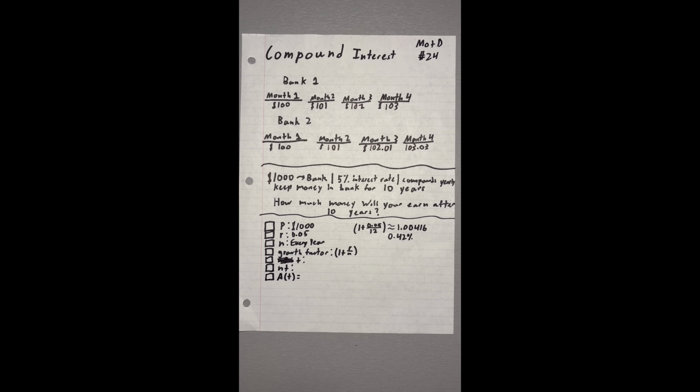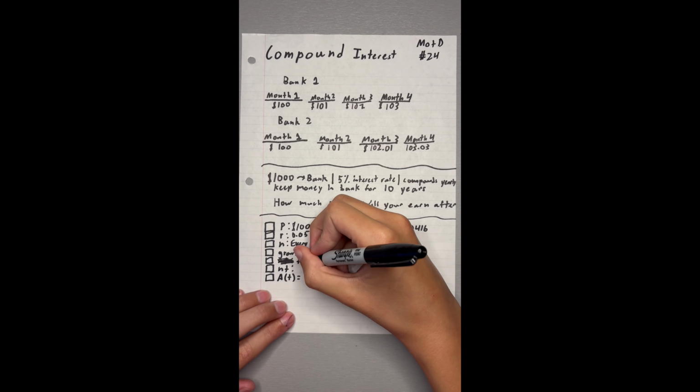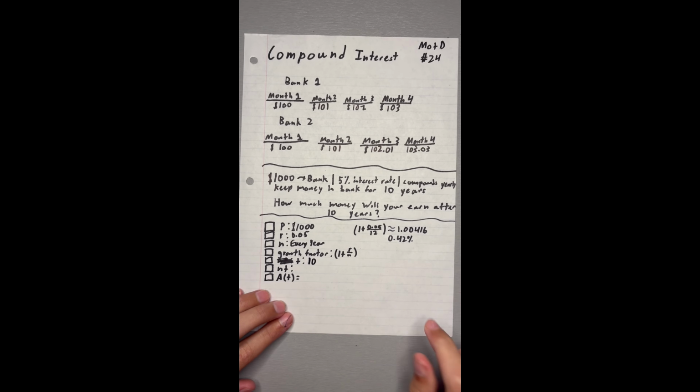Now we have to figure out the total time, or T, we have our money in the bank, as well as how many times we compound over that time, and we can refer to that as NT. We have a total time of 10 years, so I'll write 10 right here.